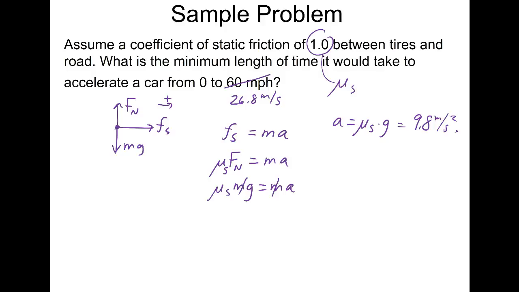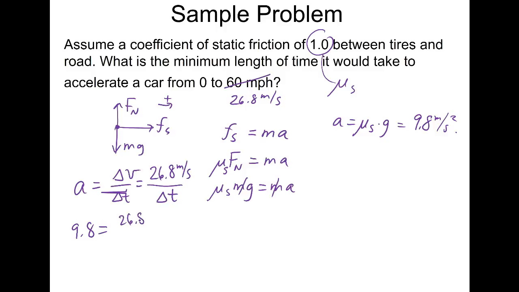And once we have that, we know from kinematics that acceleration is change in velocity over change in time, which is v final minus v initial. V final is 26.8 meters per second. Delta t is what we want, and a is 9.8. From this, we can get that the time it takes is about 2.7 seconds.